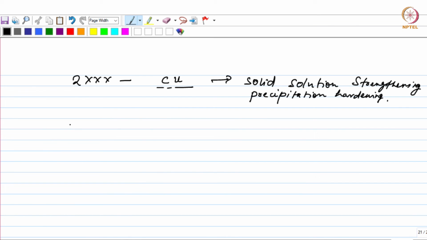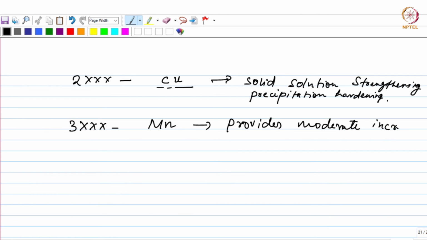Then in the 3000 series, we have manganese as the major alloying element. Manganese provides a moderate increase in the strength, but they have relatively high formability and ductility.